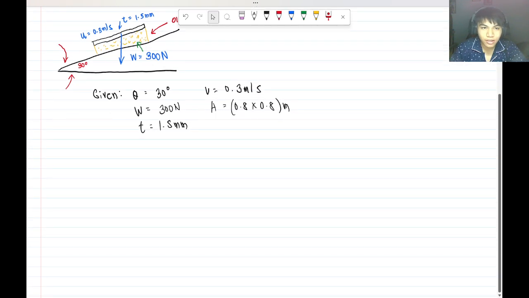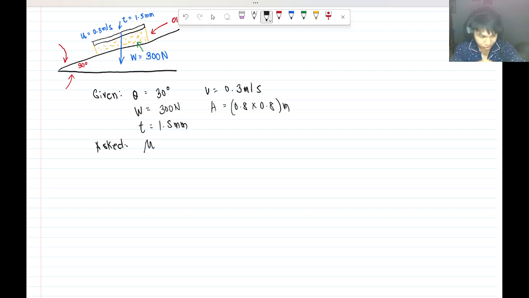We're asked to find the dynamic viscosity. The dynamic viscosity is denoted by mu, the Greek letter. We can calculate for this. Actually, this is not part of what is in the module.